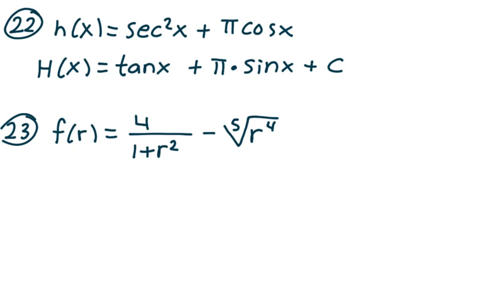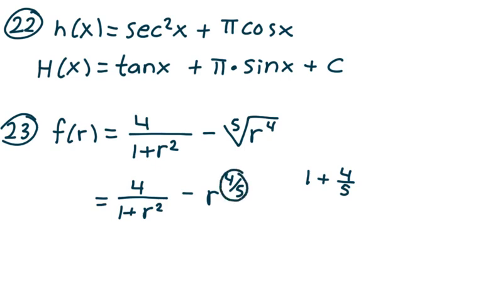Not t to the 4th, but r to the 4th. All right, so let's go ahead and rewrite this. If we write this, we get 4 over 1 plus r squared minus r raised to the 4/5. But remember, 1 plus 4/5, right? So we can't forget how to take the antiderivative of polynomials or terms of polynomials, okay? So this is 1 plus 4/5, which is equal to 9/5.